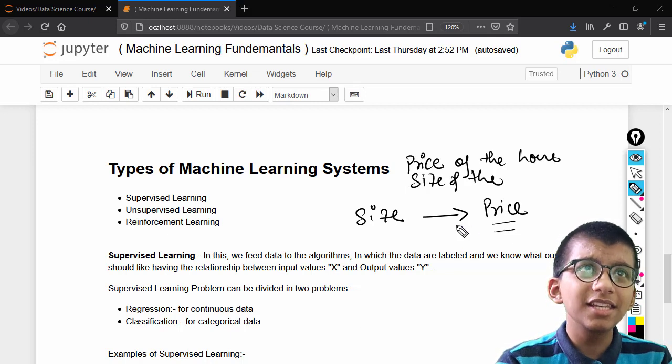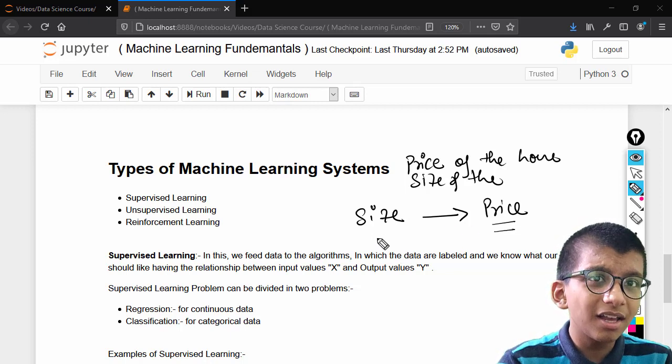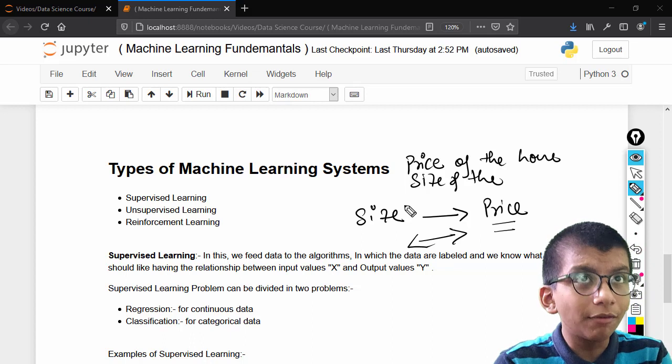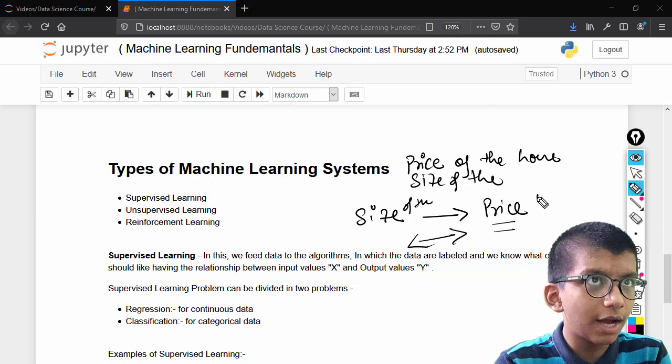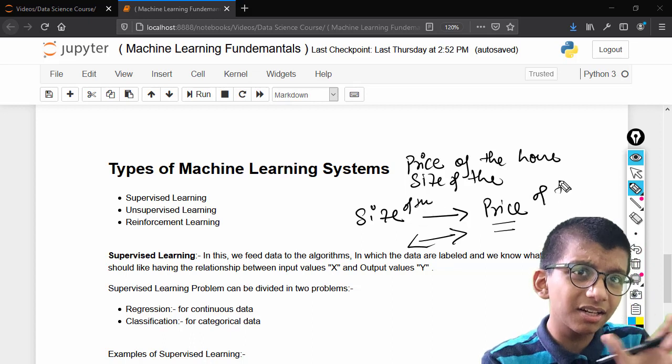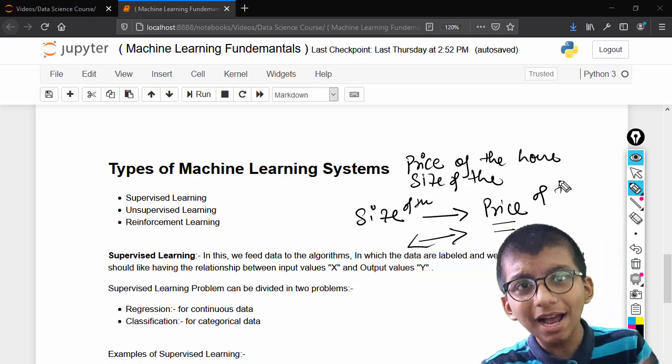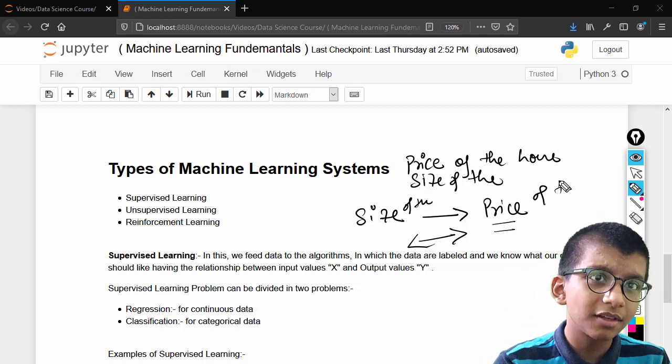Okay, so you can see here that the size and price have some kind of relationship. There is a relationship between the price and the size of the house.